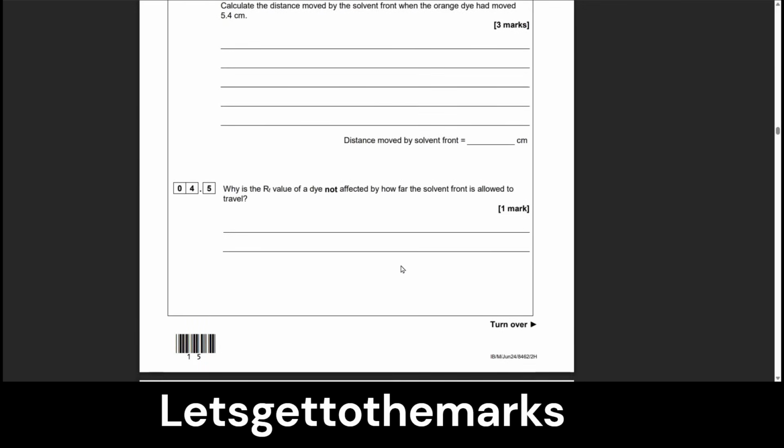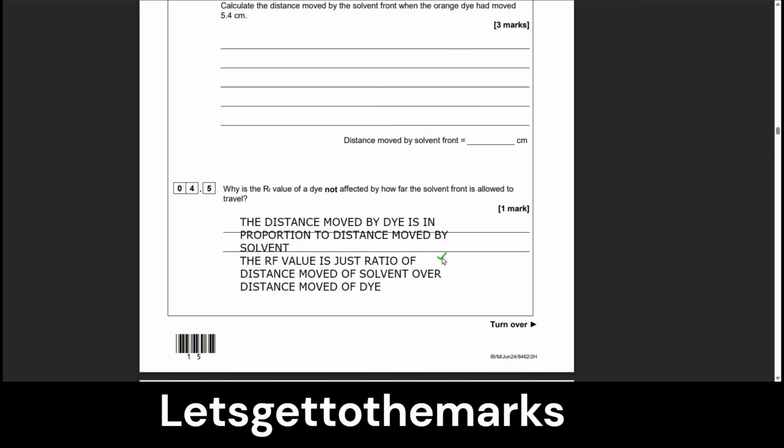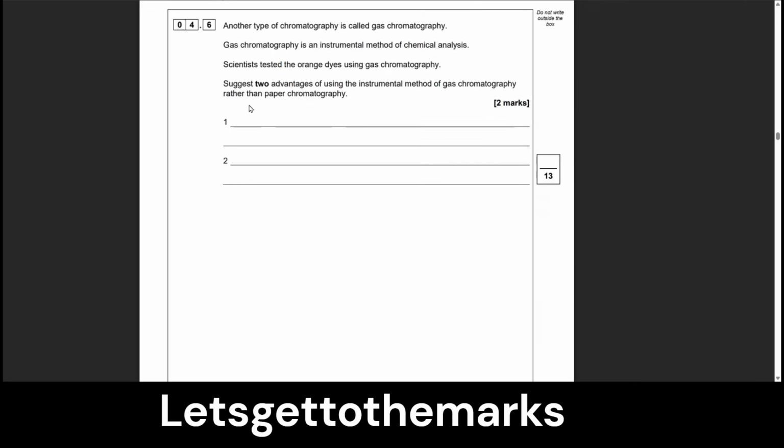So what we want to say is the distance moved by the dye is in proportion to the distance moved by the solvent. The RF value is just the ratio of distance moved by the dye over distance moved by the solvent. They both keep moving basically at the same constant.